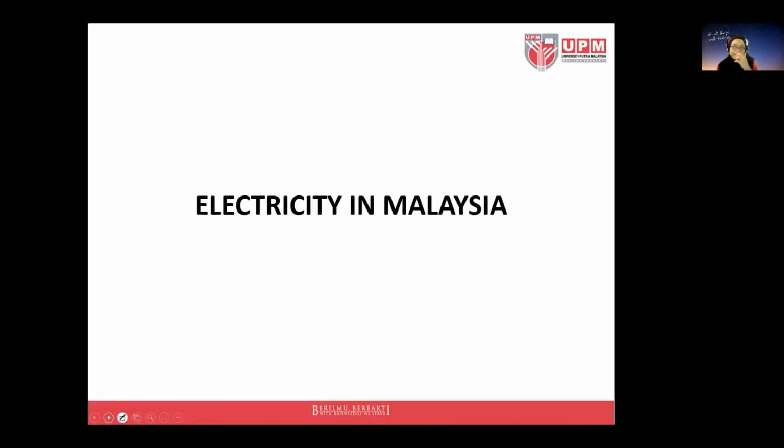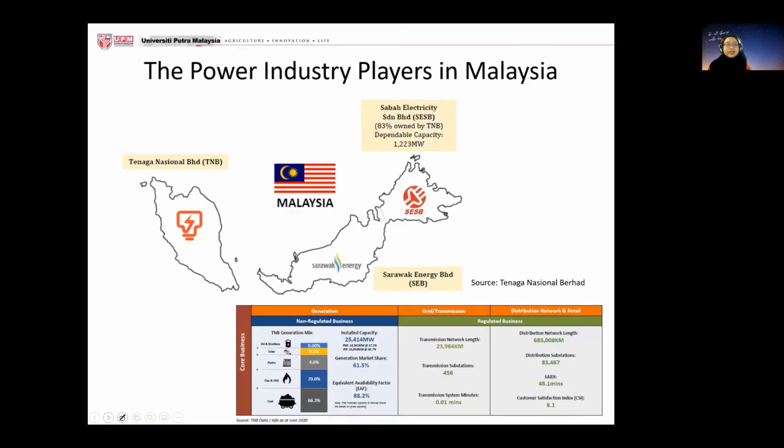So that's the basics of what's happening normally in power systems. Now we will look a bit more at what's happening in Malaysia. In Malaysia, we have many players, not only TNB. The biggest one, of course, is Tenaga Nasional Berhad, TNB.